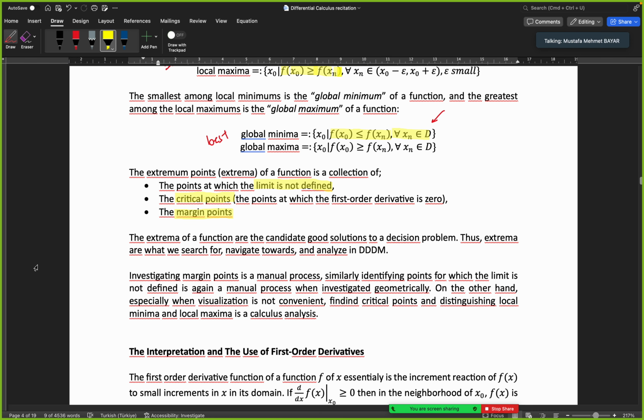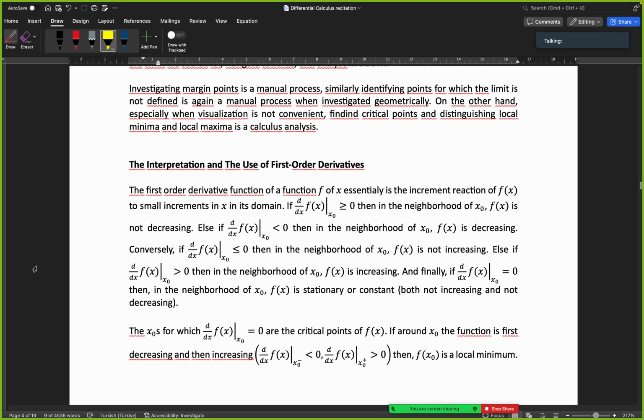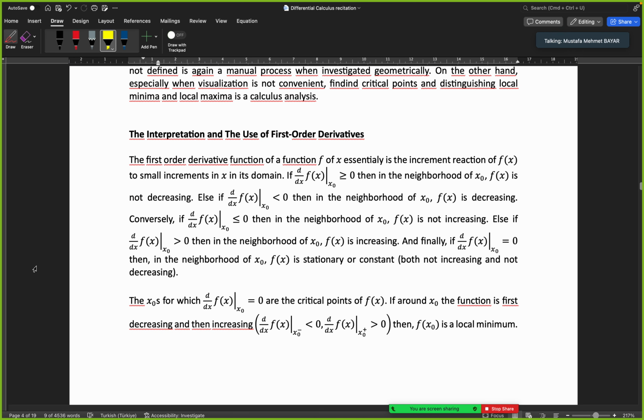So the extremum points are what we look for. They are the candidates for good solutions. Now let's talk about differential calculus a little bit more. Let's talk about first order derivatives and their interpretation.